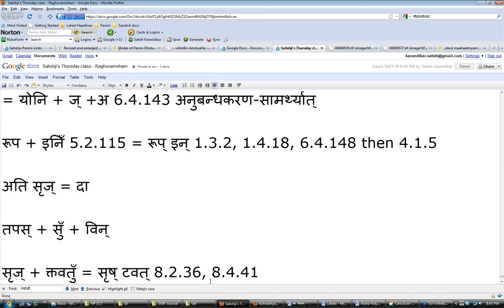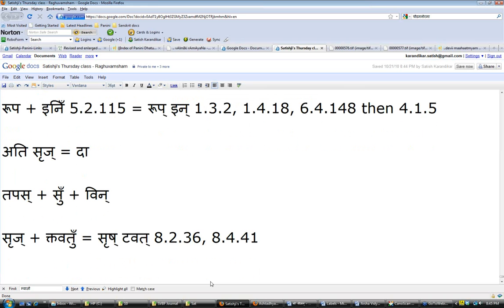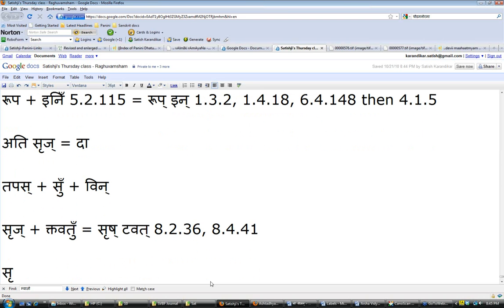Uk as an it. That tavatu has uk as an it. So when you do srishtavan, you will do ugitascha sarvanamasthane adhatoho, 7.1.70, with the cha sarvanamasthane adhatoho. That's why this u is an it over here, by the way.